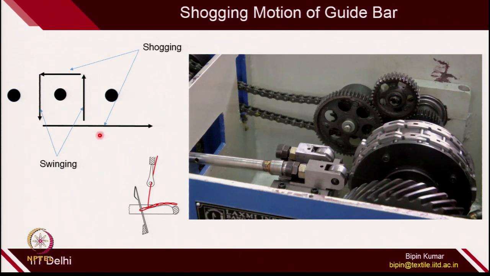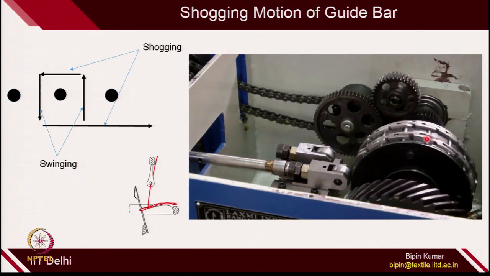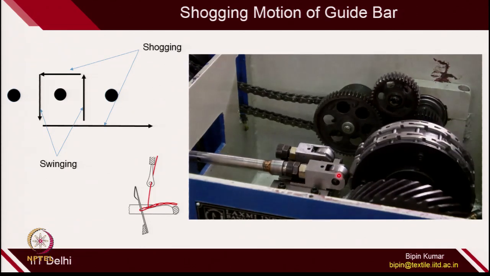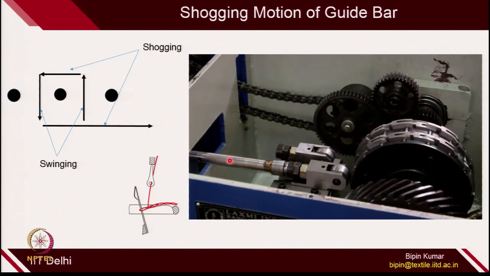If you see, the sagging motion or the lateral displacement which is given to the guide bar with the help of pattern drum revolution: on the pattern drum there are chain links which provide depression and elevation to the follower, which is connected with the guide bar with the help of a push rod.